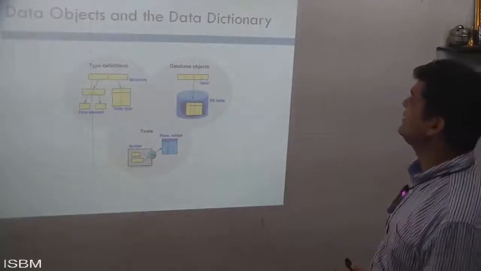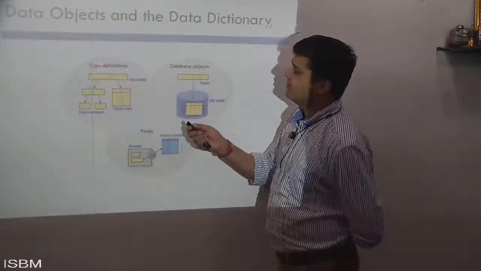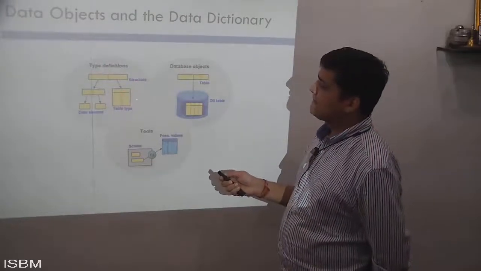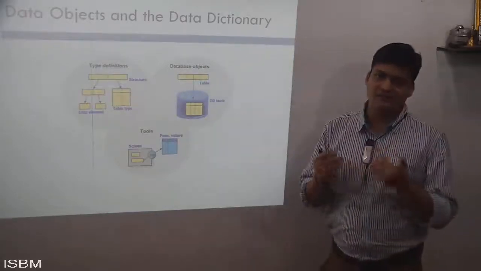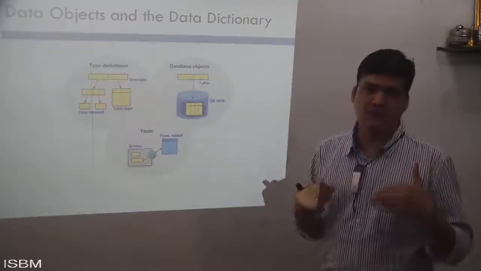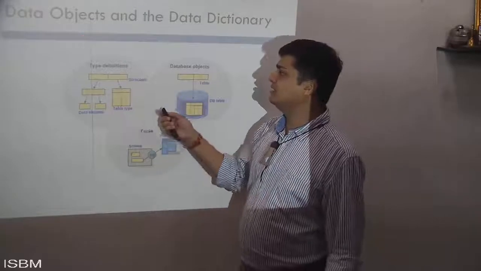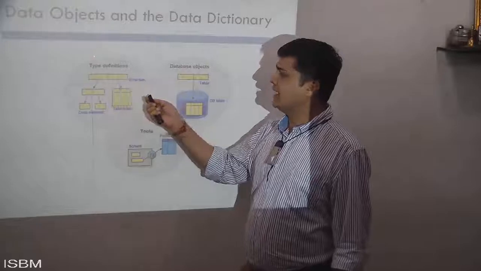So data object and data dictionary, you can see this. We have table definitions. In the table definition, the type definition, you can see the structure. Basically, when you are writing the type declaration, I will show you when you learn programming. We can see that type definition over here in the structure. We are going to declare types in the structure.